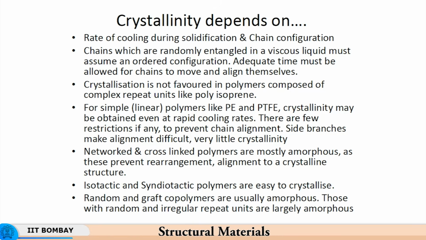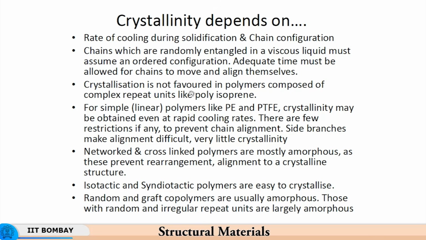However, some polymers like polyisoprene are inherently difficult to align, and therefore they take a much longer time to align themselves, and even at a slow cooling rate, they are likely to remain amorphous, polyisoprene type of chains.